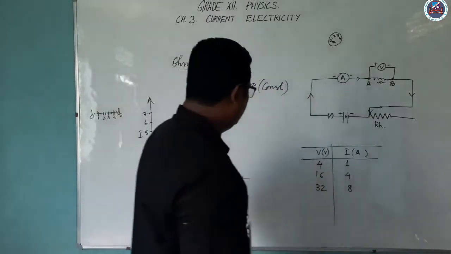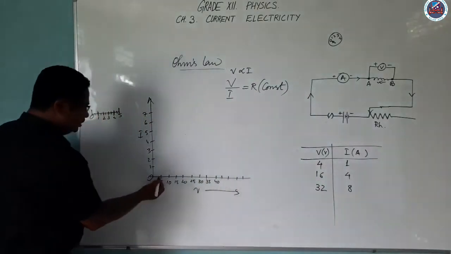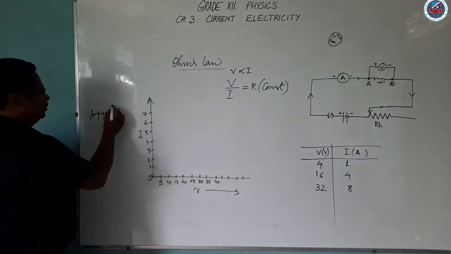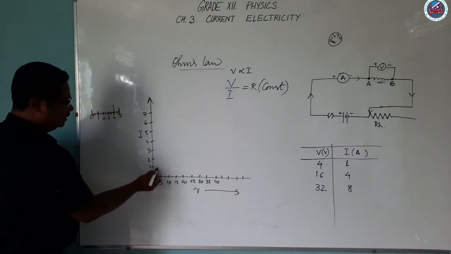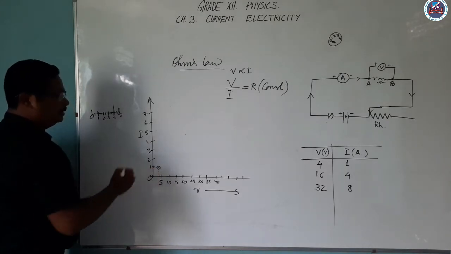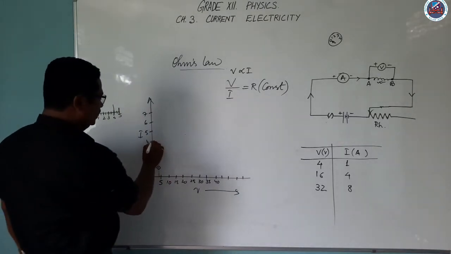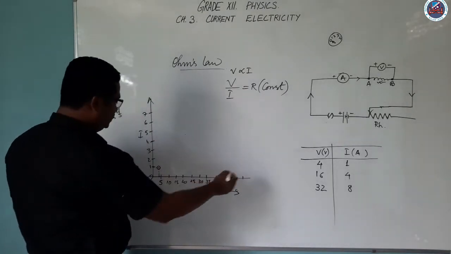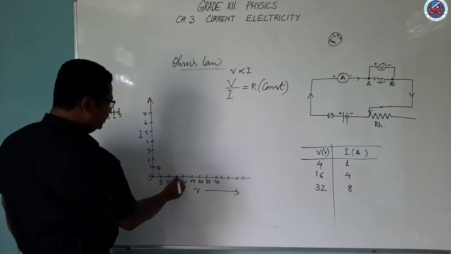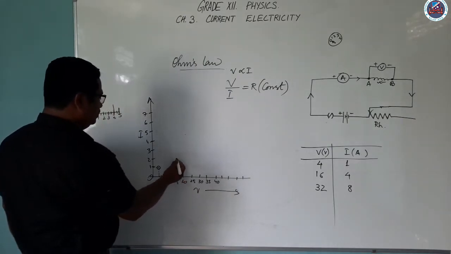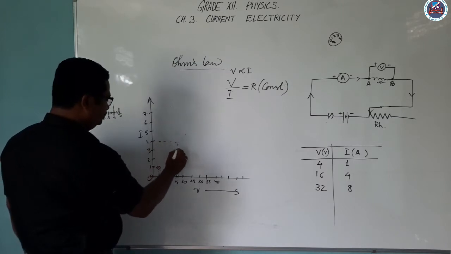Current is 1 ampere when potential difference is 4 volt. It will be near to 5, this one, 4 volt. Then current is 1 ampere. Then the second case, when current is 4 ampere, the potential difference is 16 volt, 15, 16, then 2 markings will go this way. Then current is 4 ampere.